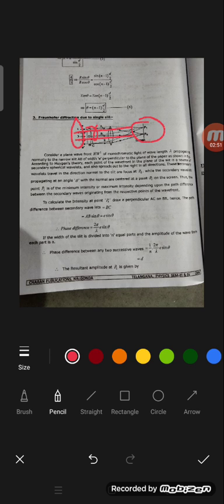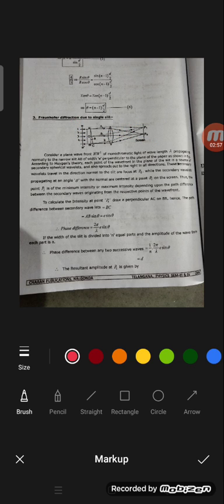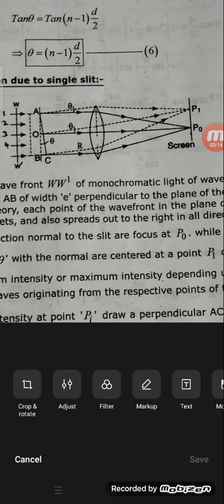Let us consider the secondary wavelets focused at P naught, and the secondary wavelets propagating at an angle theta will be focused at P1. Clearly see the picture.